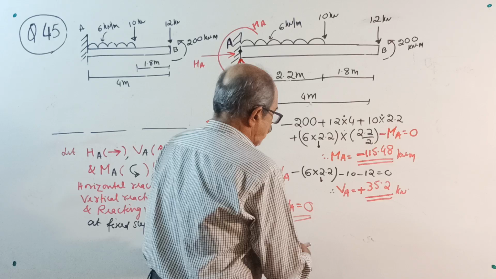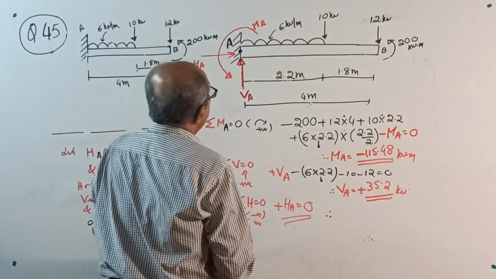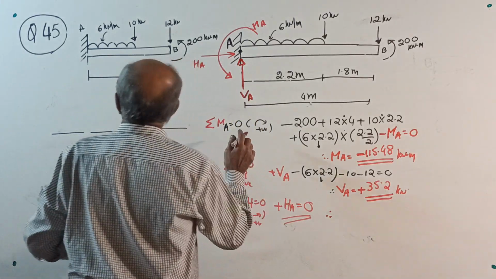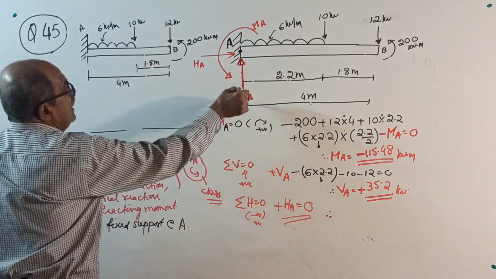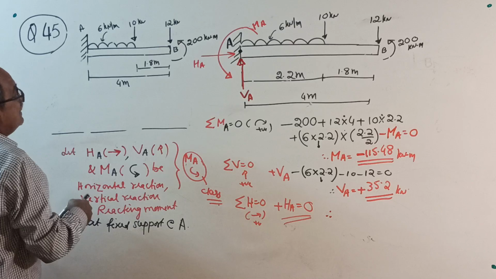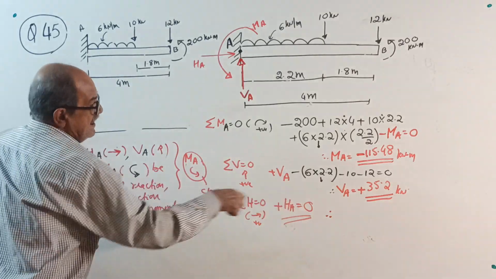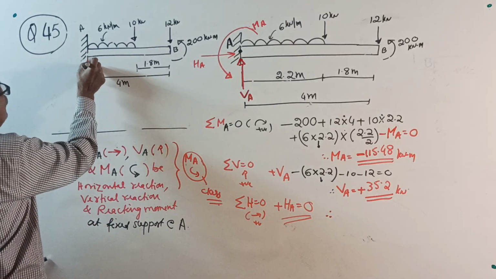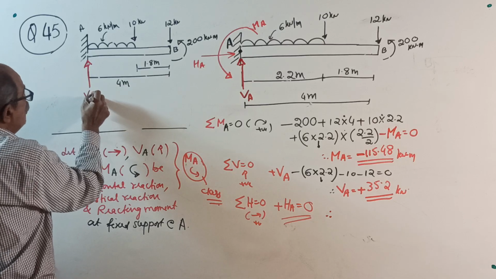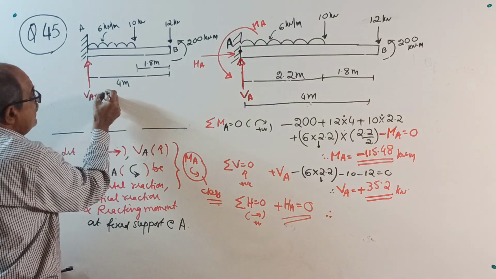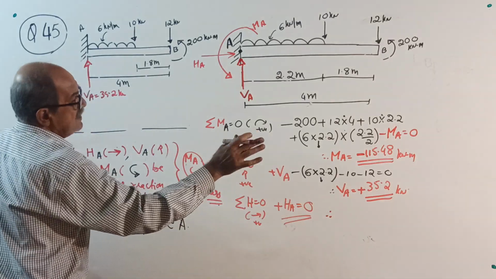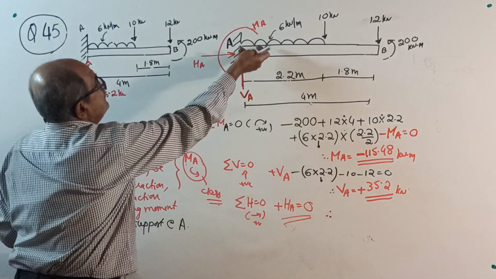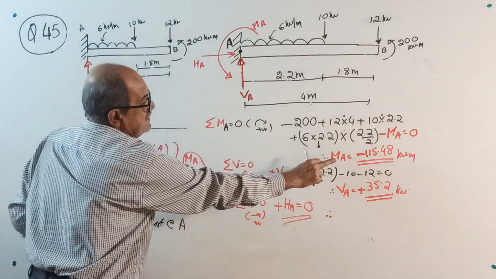Right. Therefore, the support reactions for the beam will be as shown below. How? See here, VA, we took upward. Write the sketch, this sketch you write once again there. We took VA upward, correct. Positive came, so no plus minus now. VA is 35.2 kilonewton. HA is 0, leave it. MA, we considered anti-clockwise, sign came negative.